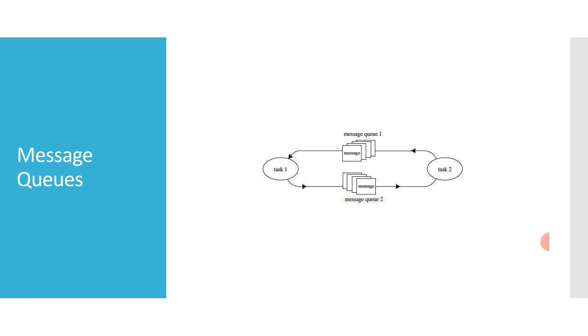Full duplex communication between two tasks generally requires two message queues, one for each direction, as you can see in this figure. So msgQLib, message queue lib, provides VxWorks message queues designed expressly for VxWorks.